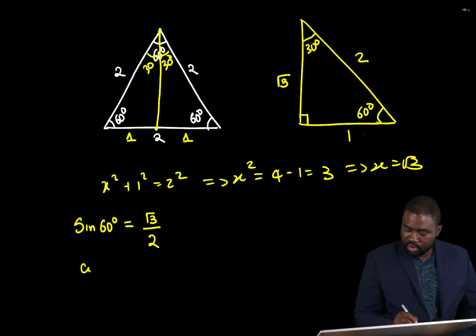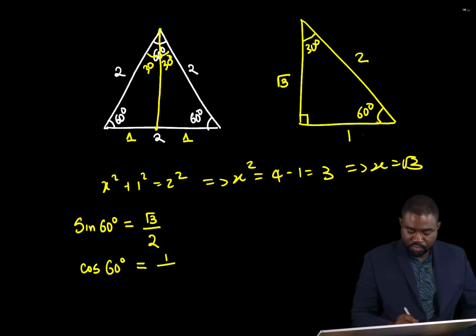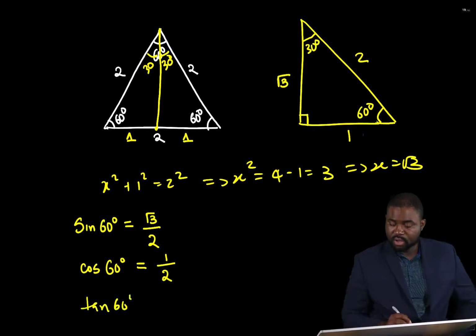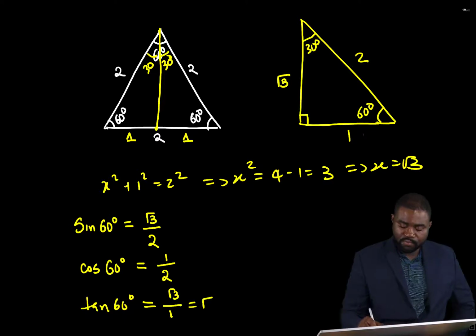The cosine of 60 degrees is the adjacent, 1, divided by the hypotenuse, which is 2. And the tangent of 60 degrees will be equal to the opposite, which is root 3, divided by the adjacent, which is 1. So this is just going to be equal to root 3.